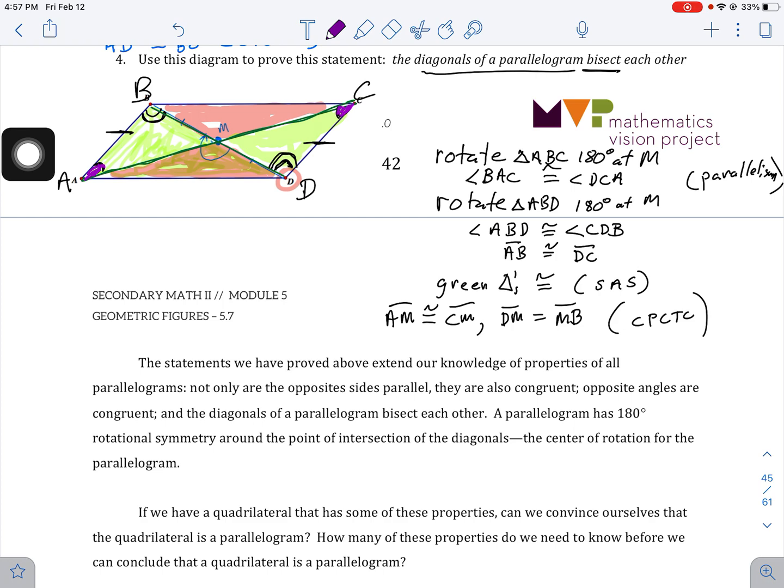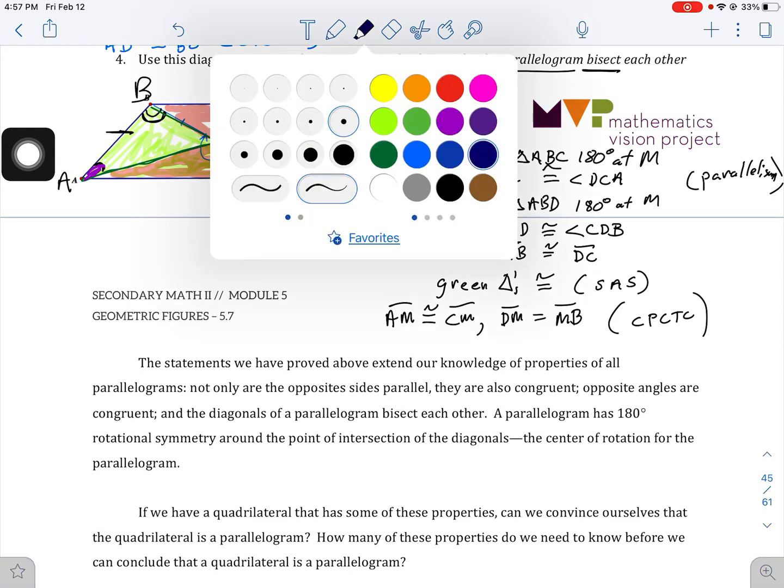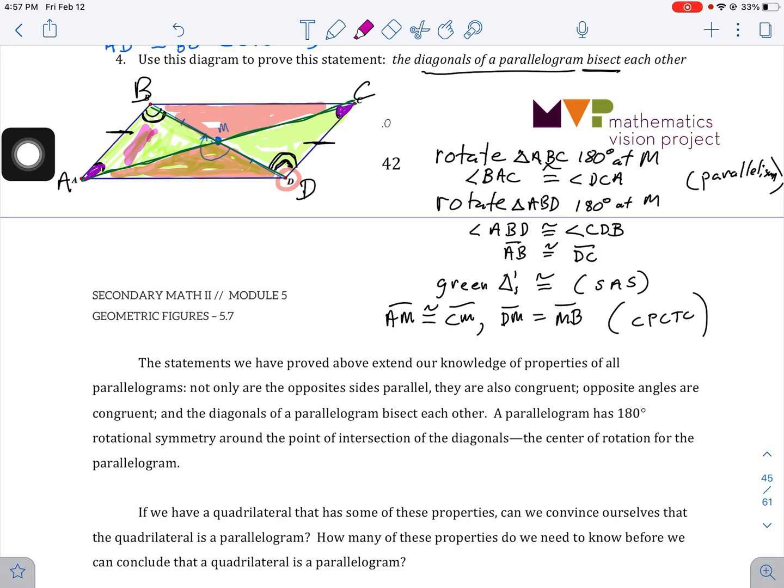In a similar way, I can rotate angle ABD. So this one might look like ABD. And once I've rotated that, I end up with BCD. And I'm rotating at 180 degrees on the midpoint.